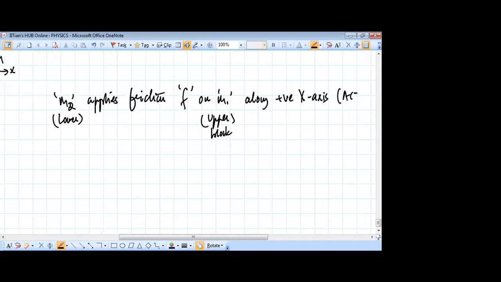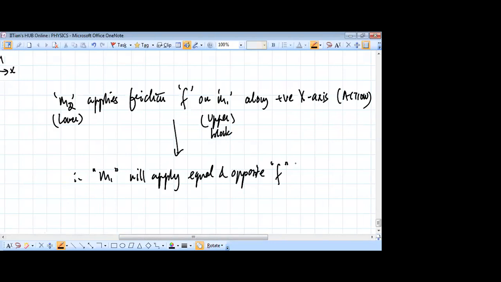Let's call that the action. That implies that M1 will apply an equal in magnitude but opposite in direction force, so along the negative x-axis, on M2, on the lower block.